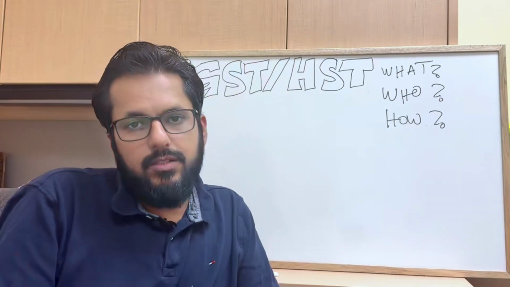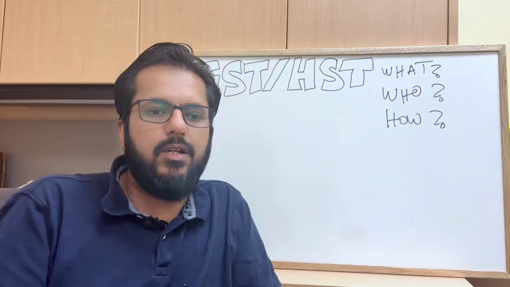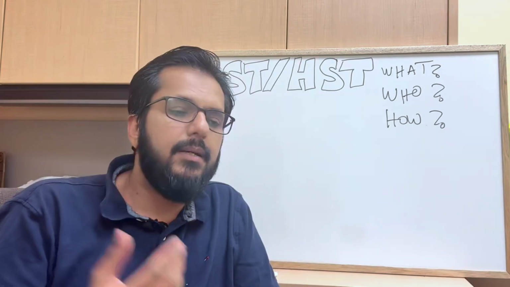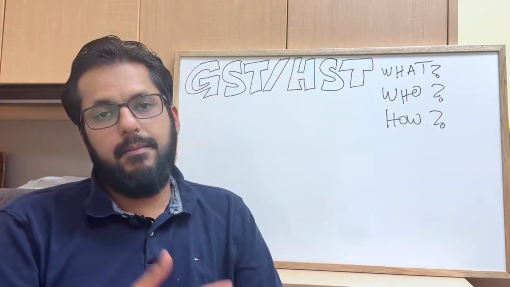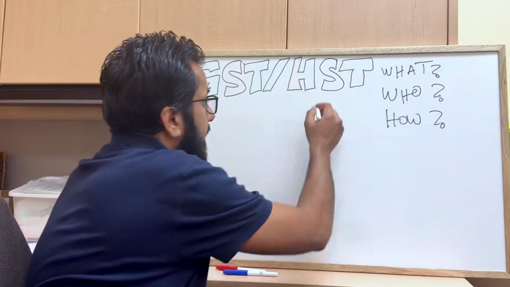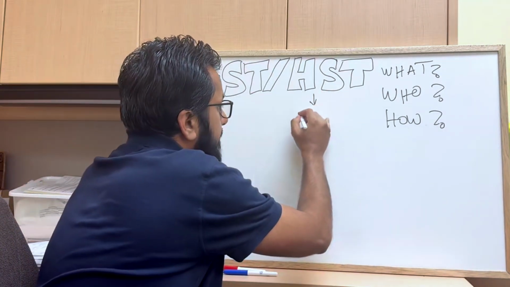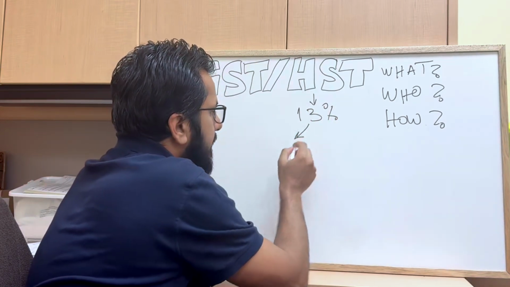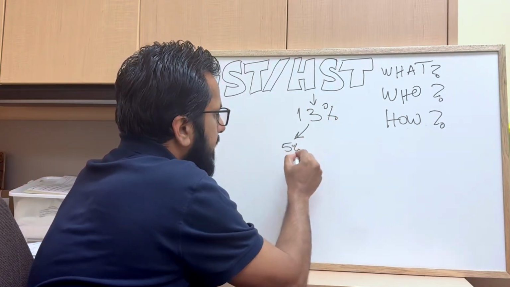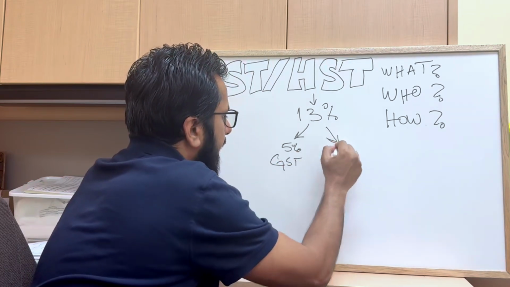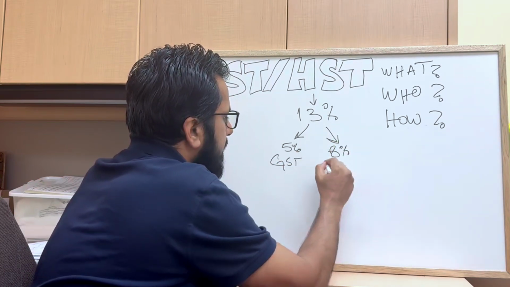Since we are in Toronto, we do taxes for contractors all around Canada, but most of the clients are based in Ontario. So in Ontario, the HST is 13%, right? And in that 13%, 5% is GST and 8% is PST.